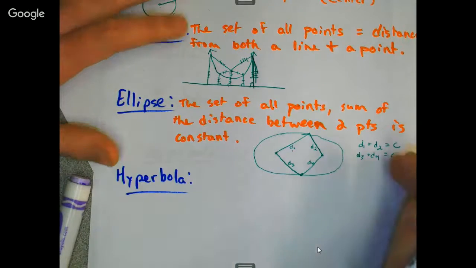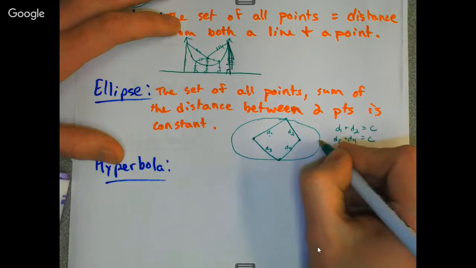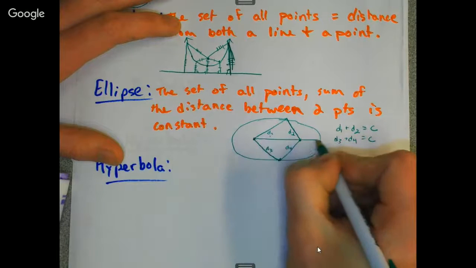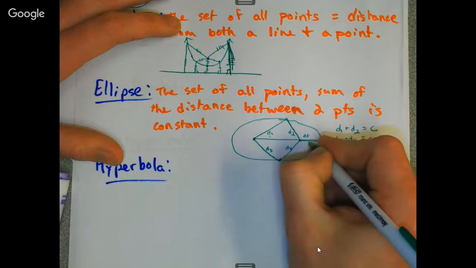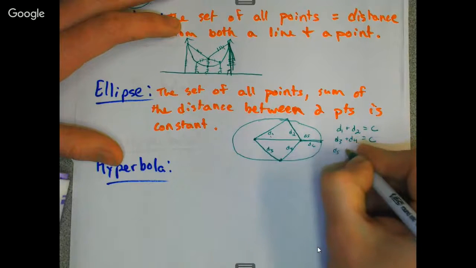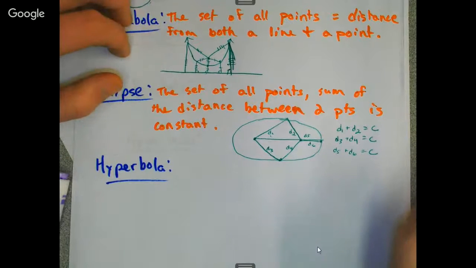That's what it means by constant. No matter where this string is, even if the string's right here, I'll take this distance plus this distance, so that's d5, d6. I'll add those together and I'll get the same number.